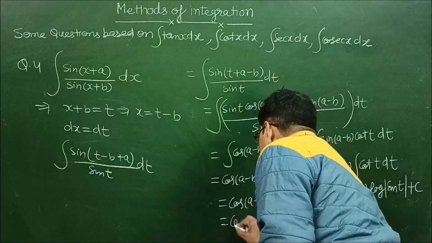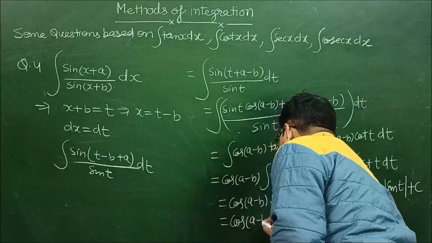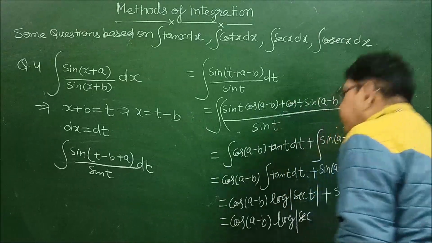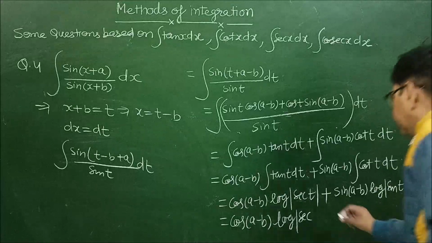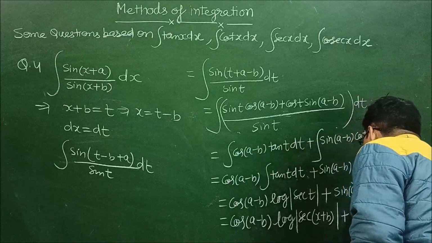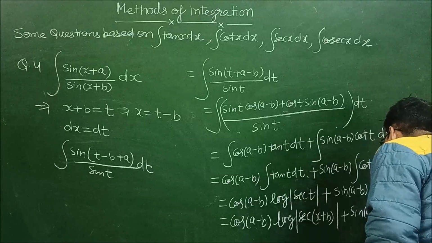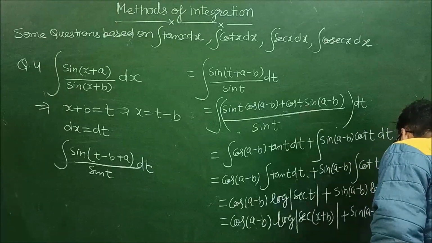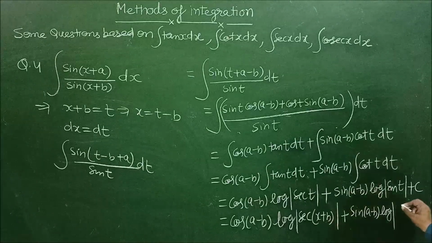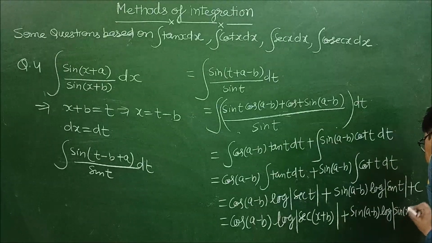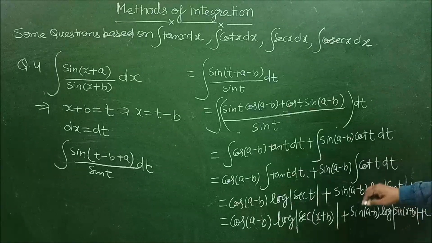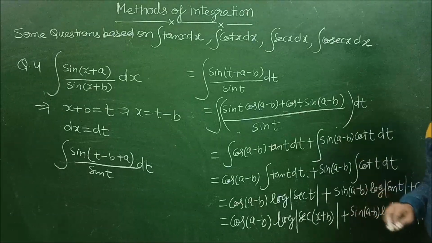So we get this is equal to cos of a minus b log of sec, and the value of t is x plus b, plus sin of a minus b log of sin x plus b, plus c. So this is the final answer of this question.